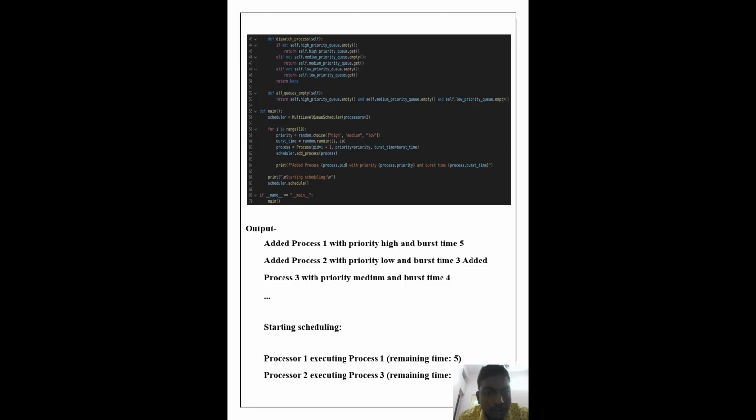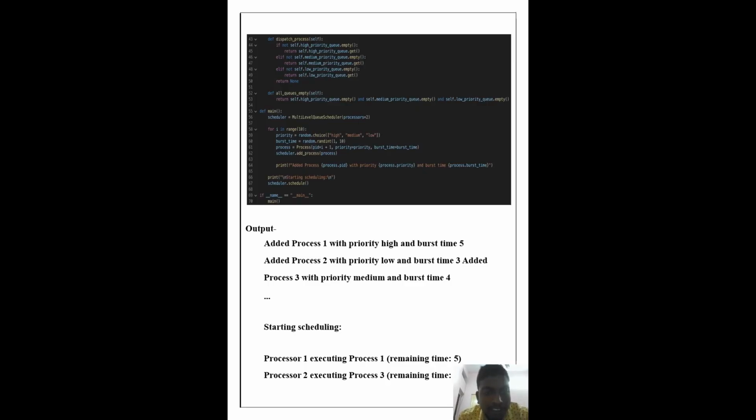Processor equals Process with pid equals i plus 1, priority equals priority, burst time equals burst time. Scheduler.add_process adds the processor with the process priority and burst time. Using print statements, we print the scheduling, and scheduler.schedule has been created.